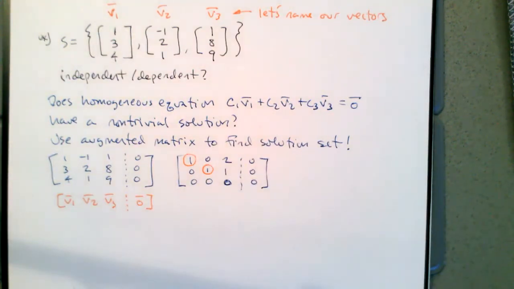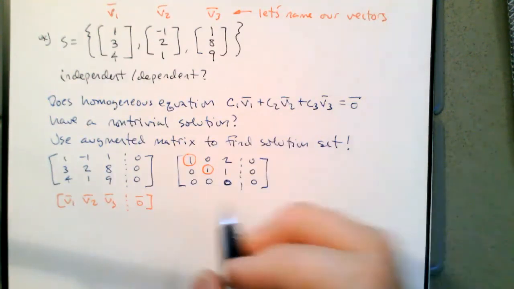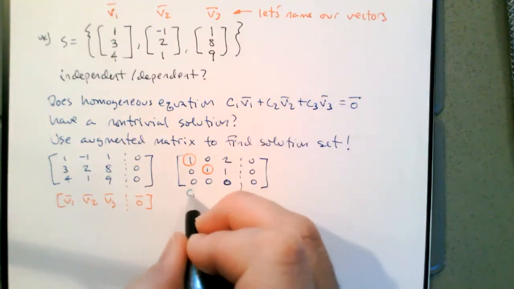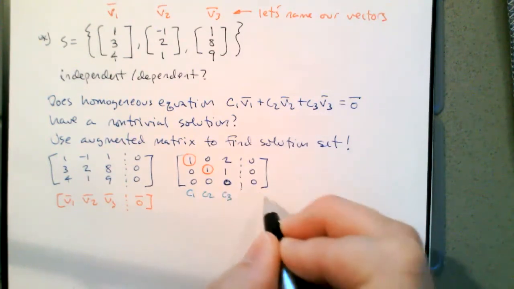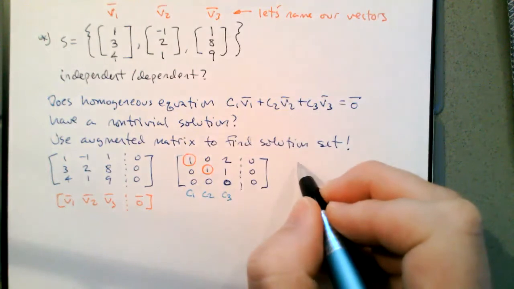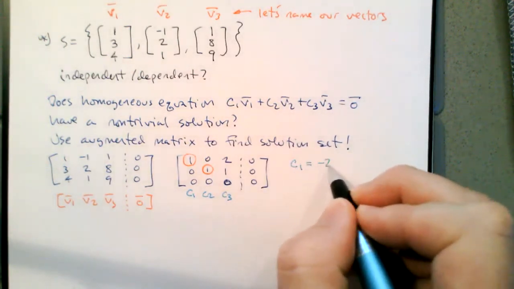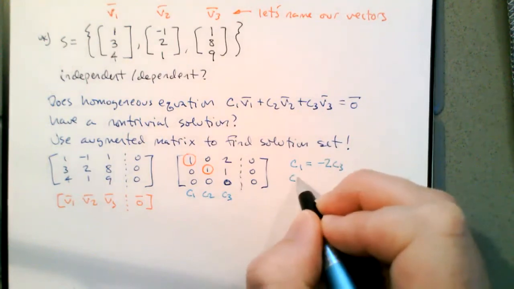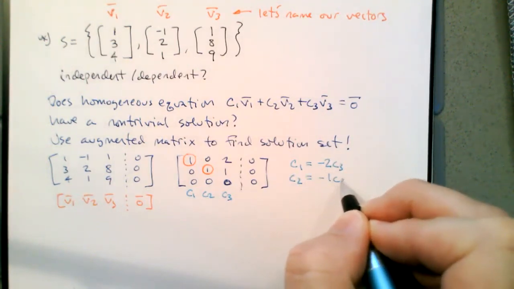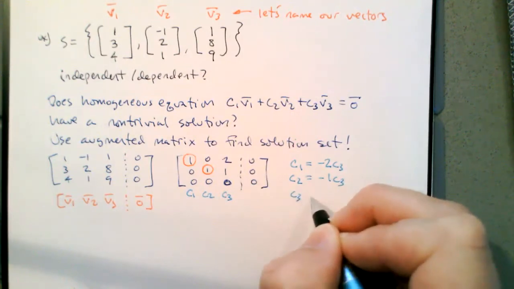We have a non-pivot column. So if I think of the variables C1, C2, and C3, our general solution will be C1 equals -2 C3, C2 equals -1 times C3, and C3 is free.